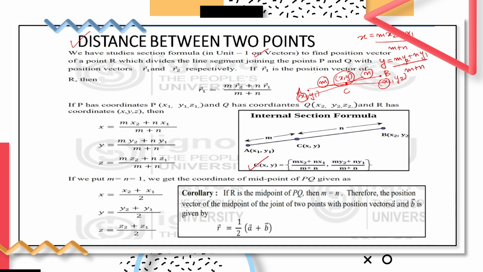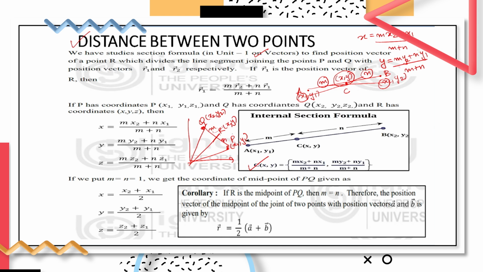So if there is an internal division, we had already explored this in the vectors, and we discussed it in very much detail. Say in the vector representation we are having this, and this is point Q, and this is point P, and this is say point R. Point P has the coordinates x1, y1, or x1, y1, z1, and point Q has the coordinates x2, y2, and point R has coordinates x and y, such that R divides in the ratio m is to n.